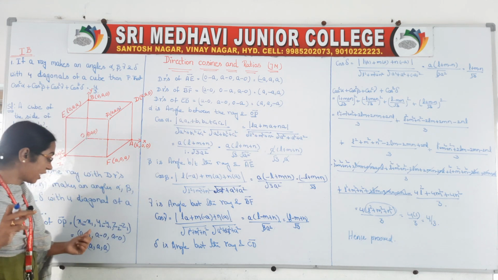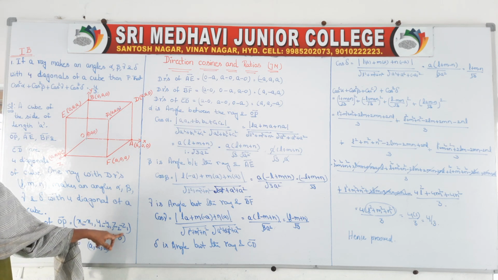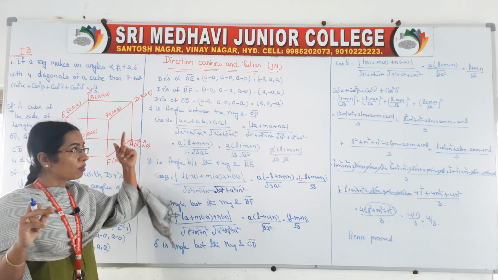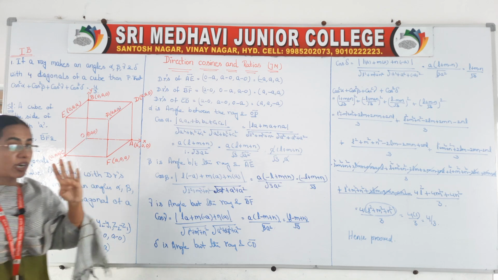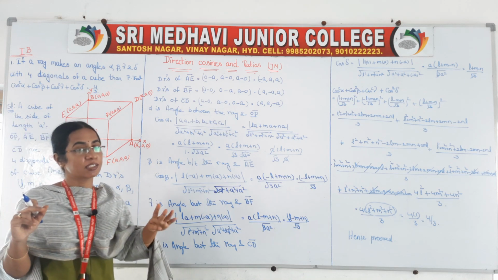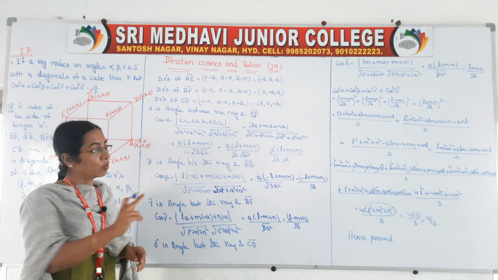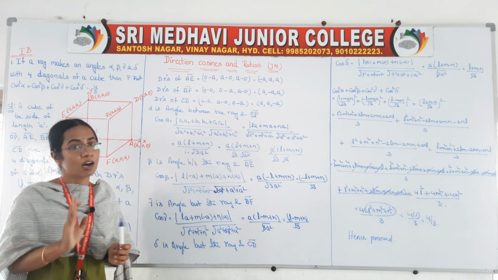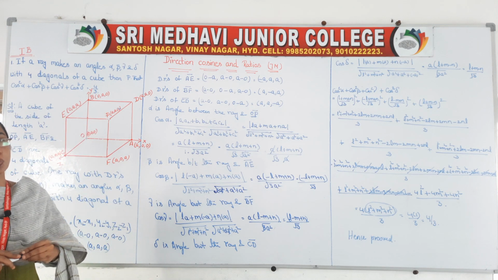For that, we have taken the formula x2 minus x1, y2 minus y1, z2 minus z1. By applying that formula, we got the direction ratios. After that, we got all the 4 angles, cos alpha, cos beta, cos gamma, cos delta. After that, squaring and adding. Finally, we got 4 by 3. That is your answer. So show that, prove that. At the end, you have to write hence proved.